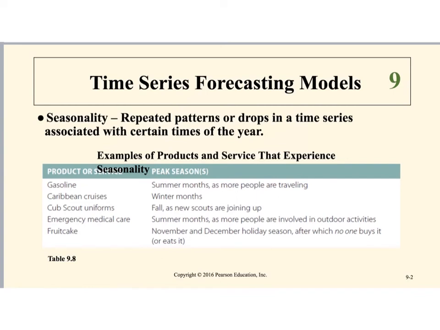So these types of demand show an up and down pattern based on the season, which is called seasonality. When there is seasonality in the demand pattern, we have to have some method to adjust our forecast to account for this effect.